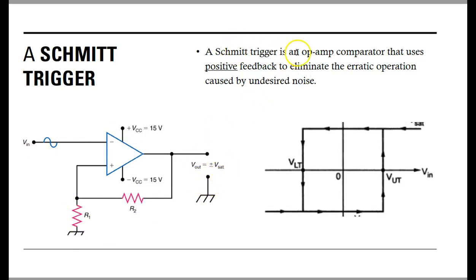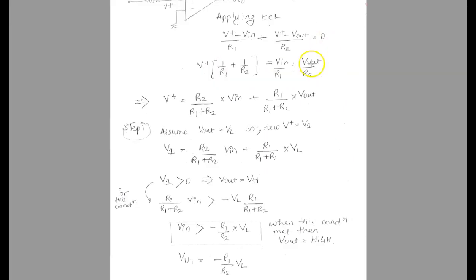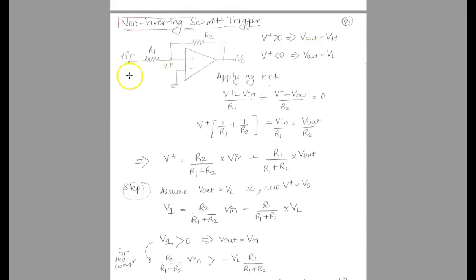This Schmitt trigger is an op-amp comparator that uses positive feedback to eliminate the erratic operation caused by undesired noise. And this is the transfer characteristic curve for the Schmitt trigger. The circuit you see here may look a little different, but it's the same circuit which you saw in the previous slide.